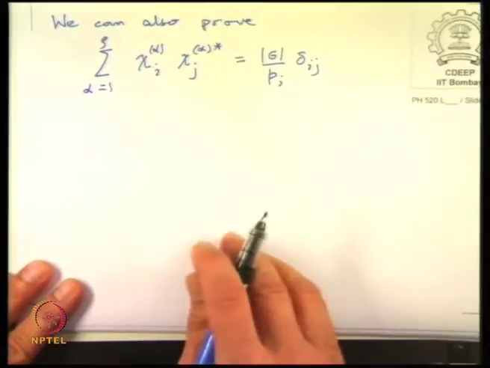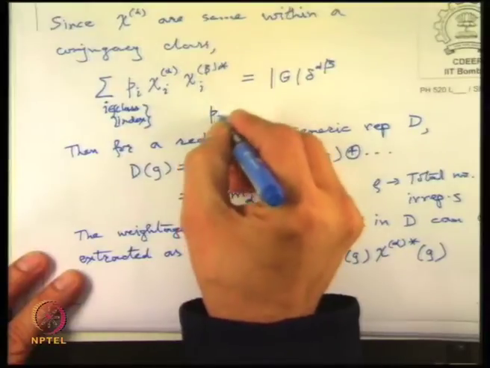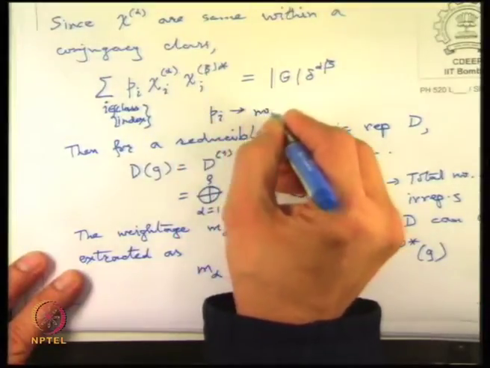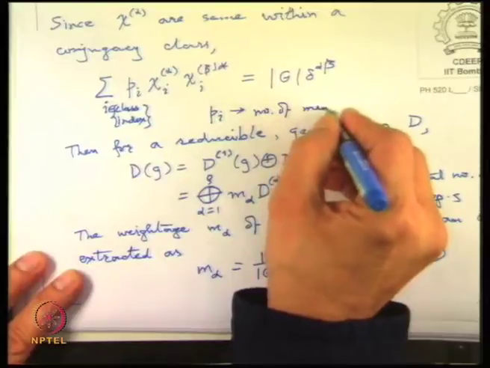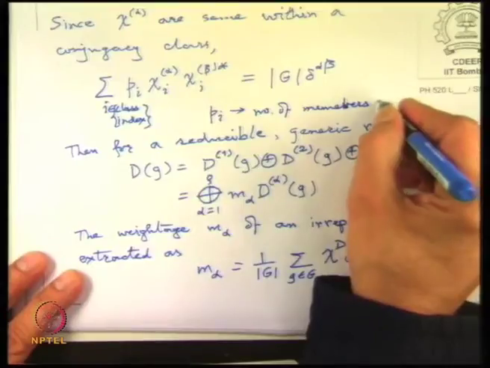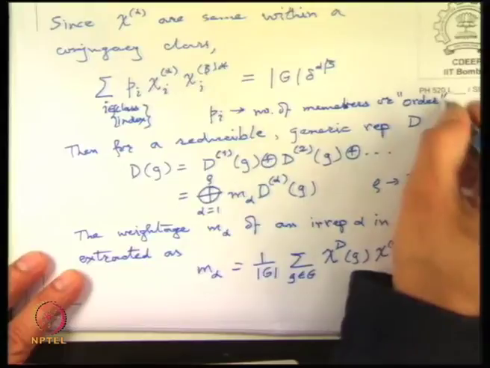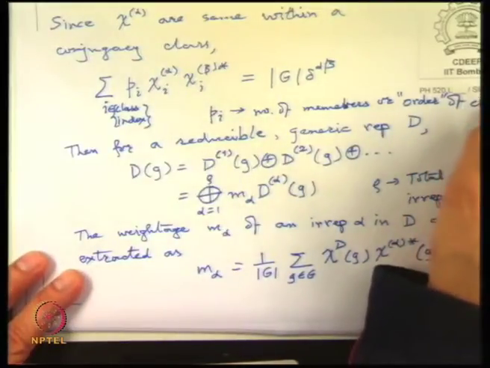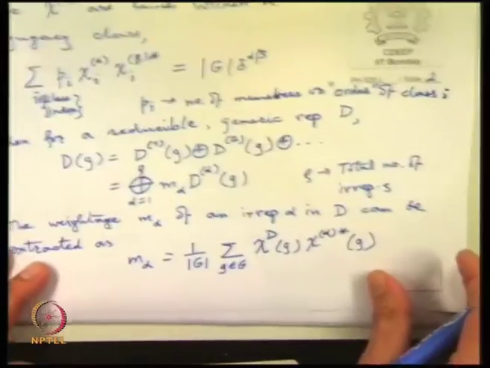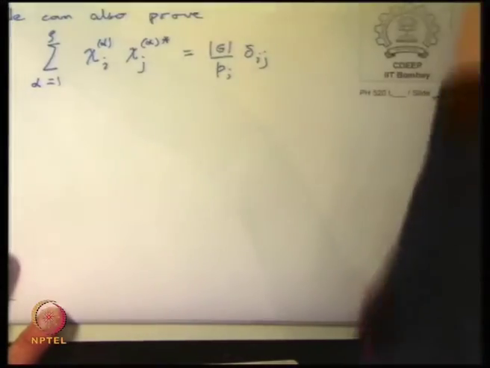So that we had here. It's called the order of the class actually. Class i. The order of class i is Pi. Then we have another kind of orthogonality where we also get this.